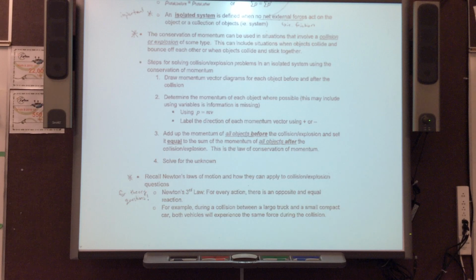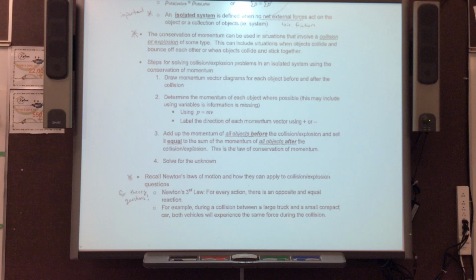If you had an object A here, and you had object B over here, and object A was moving to the east, and object B was moving to the west, this is your P before. And then you would draw a line, and you draw whatever happens after the collision.